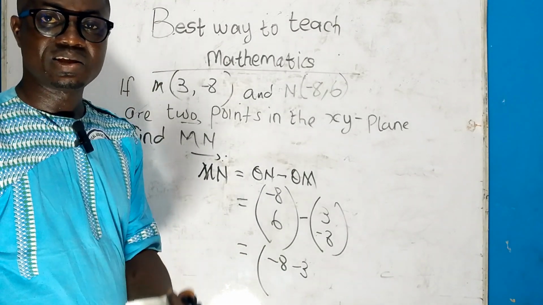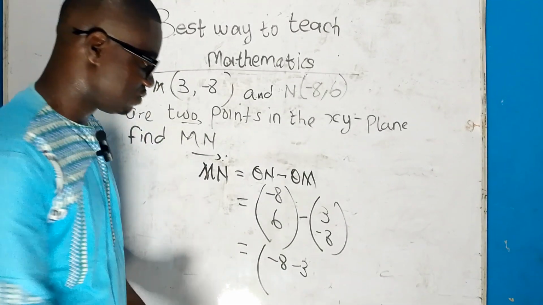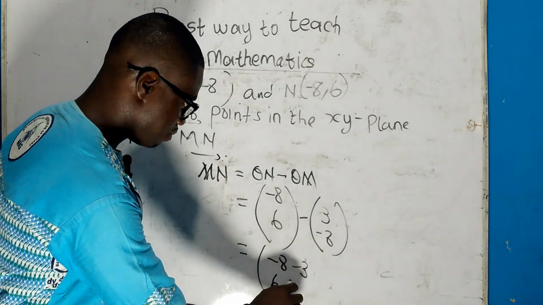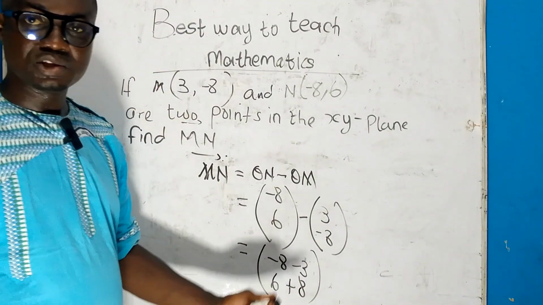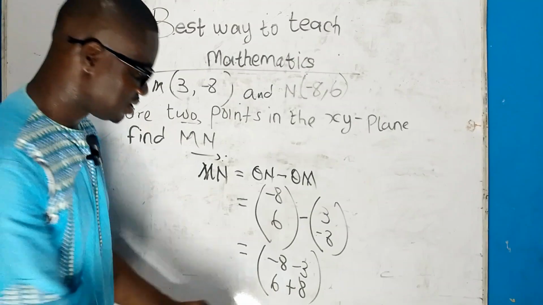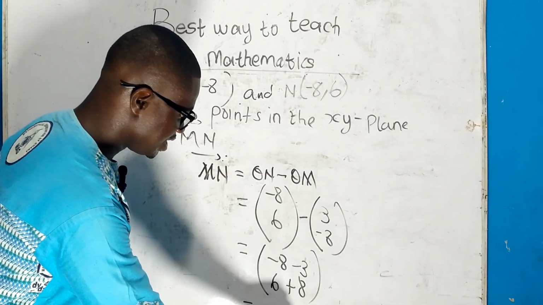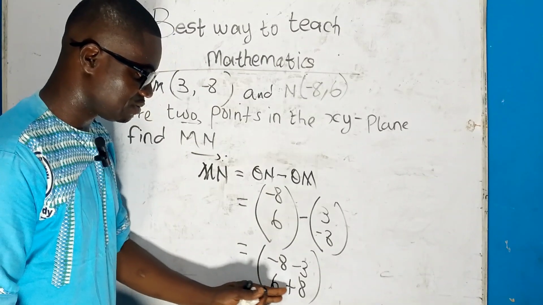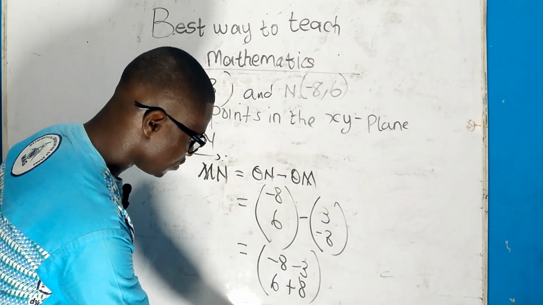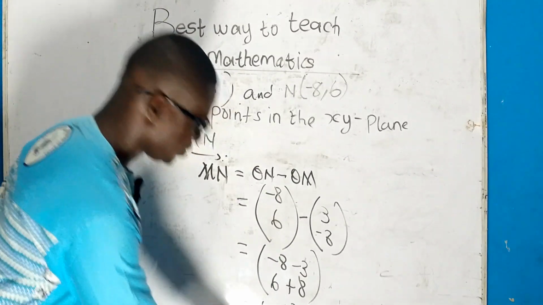Minus minus, negative negative will give you positive. So 6 plus 8. Solving this, closer to your answer, you have negative 11, and then 6 plus 8 will give you 14.